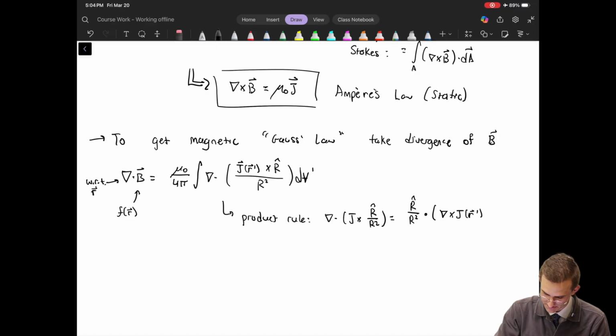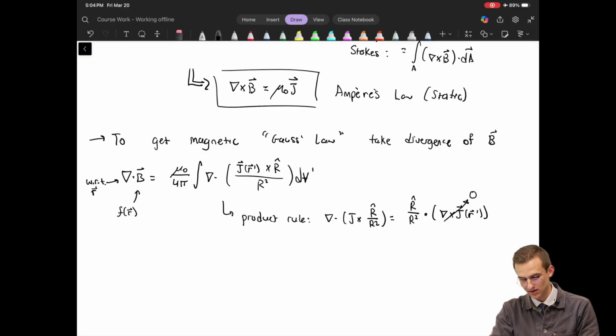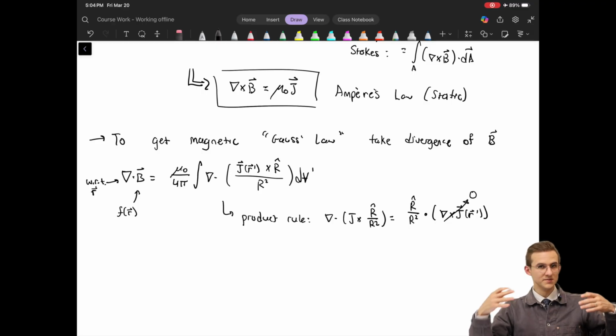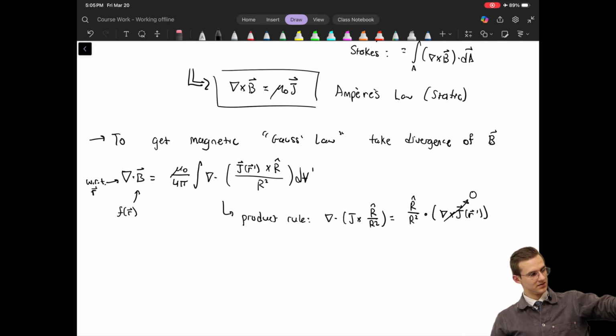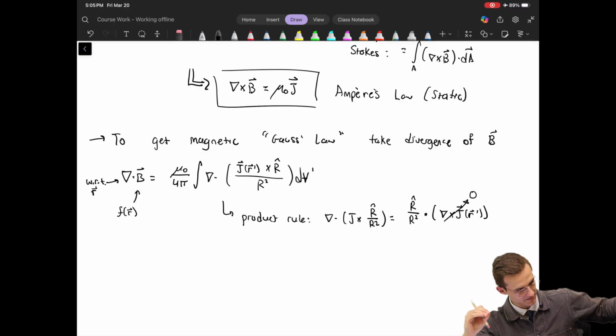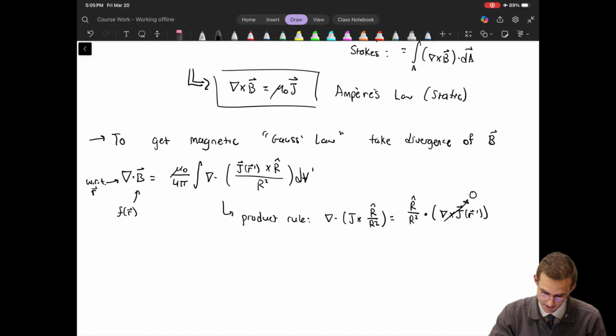So this is an important point: this thing goes to 0, not because J has no curl, but because we're taking the derivative of J, which is only a function of R prime, with respect to R. It's almost like saying I have this current density happening here. If I move from here to here and observe it from a different location, has the current density changed just by me moving? No, it's still just there. So that's why that term goes to 0.